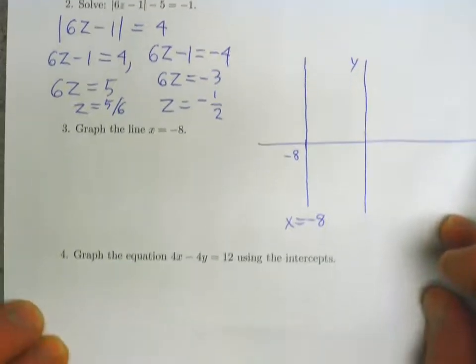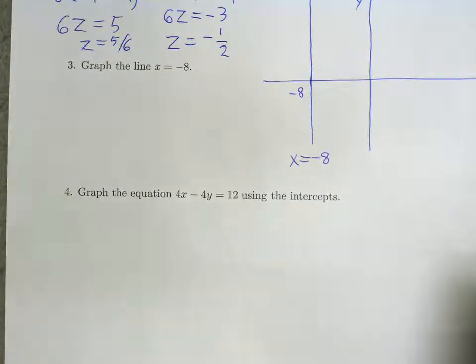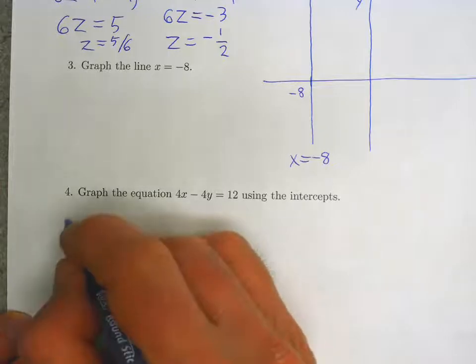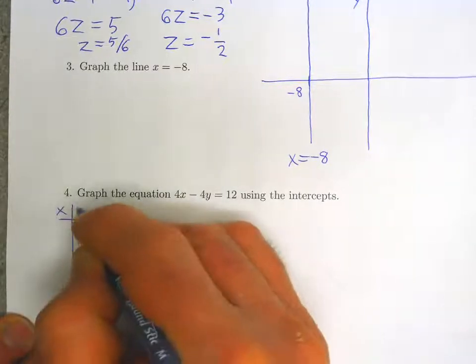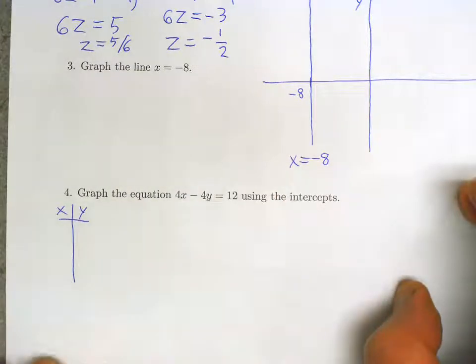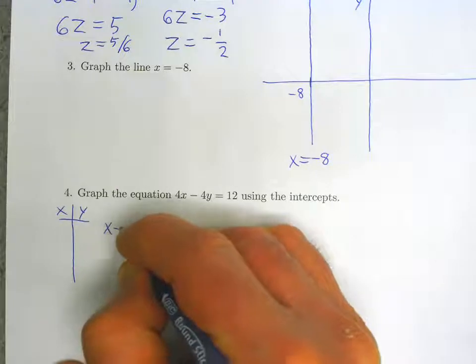Number 4, graph the equation 4x minus 4y equals 12 using the intercepts. So that means to find the x-intercept and the y-intercept. Let's find the x-intercept first.